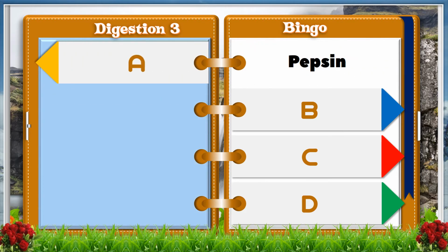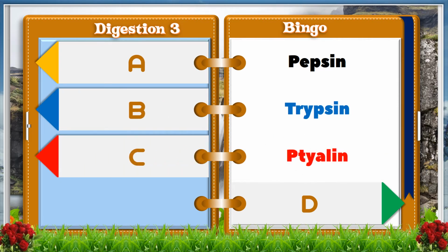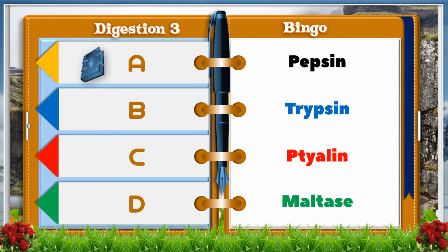A. Pepsin. B. Trypsin. C. Ptyalin. D. Maltase. And the answer is A. Pepsin.